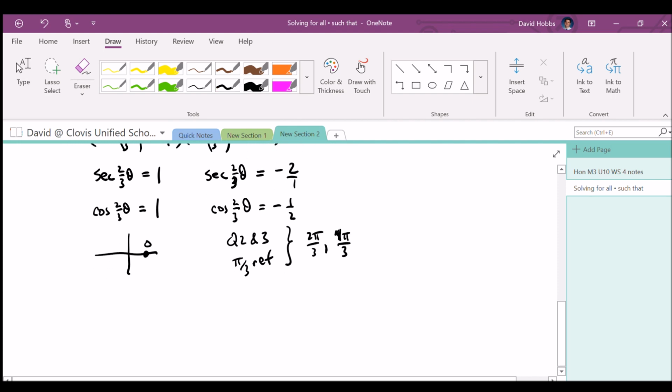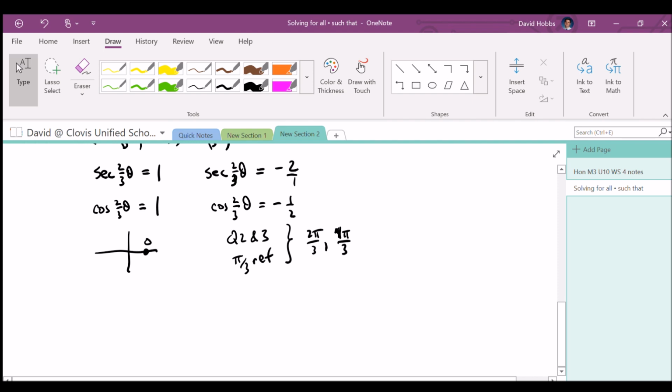Okay, now that's just some plain old angle. Let's go ahead and grab all those, because the specific angle we're solving for at the moment is 2/3 theta. And so we had 0, 2 pi over 3, and 4 pi over 3.